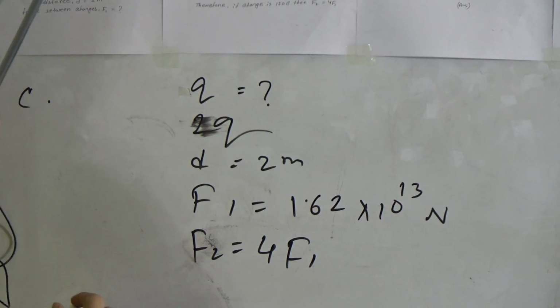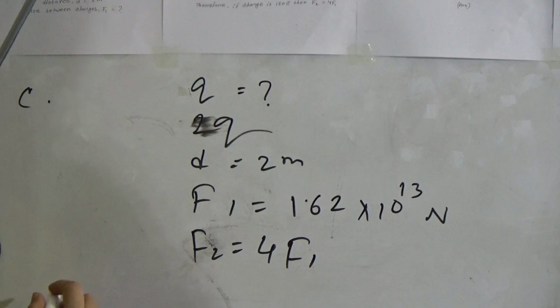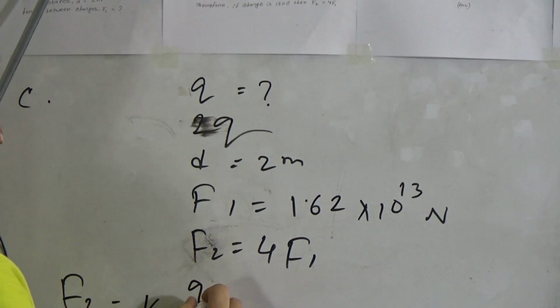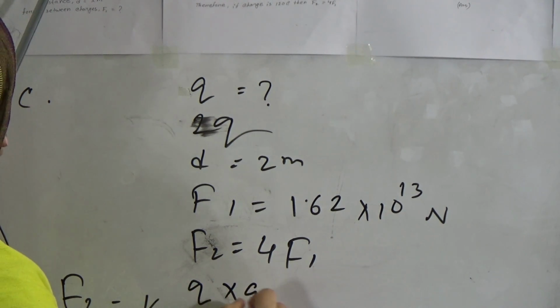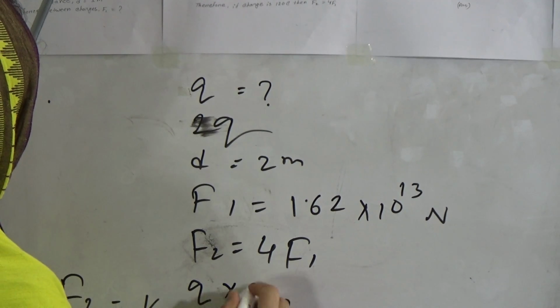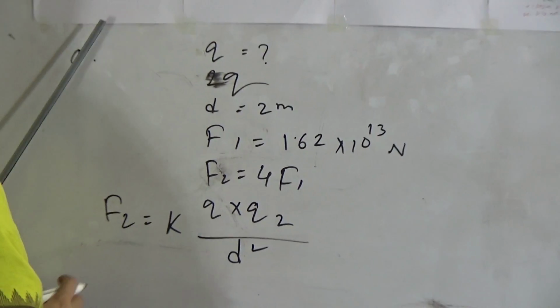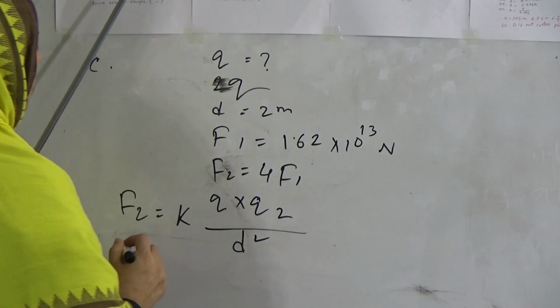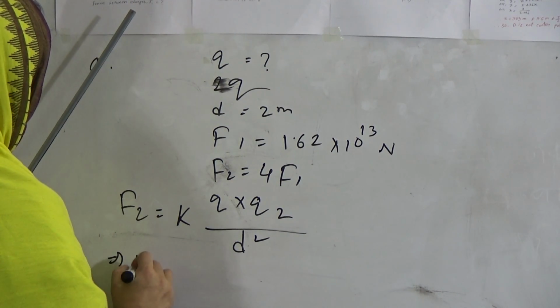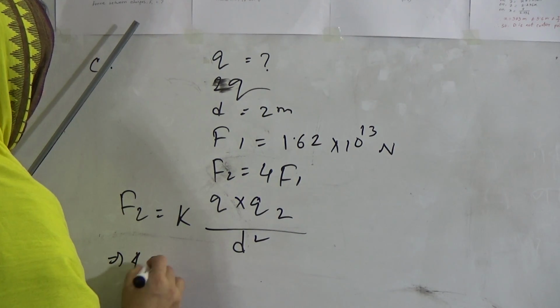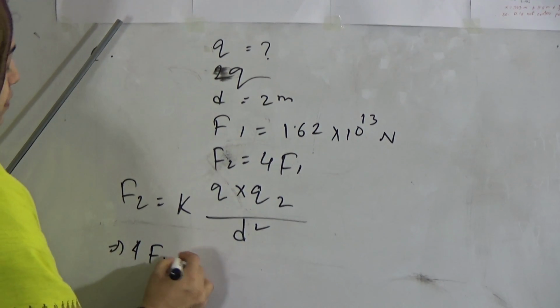So from this figure we can write Coulomb's law: F2 equals K Q1 Q2 divided by d square. Okay, Q is the first charge, Q2 is the second charge. Now put the value: F2 is given as 4 F1, so write 4 F1 here.